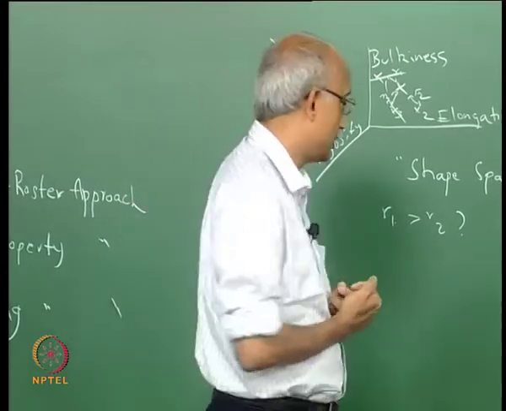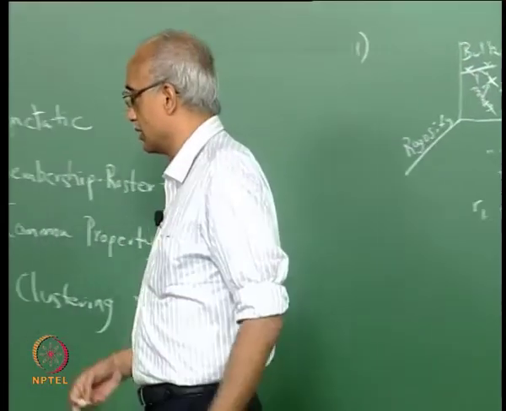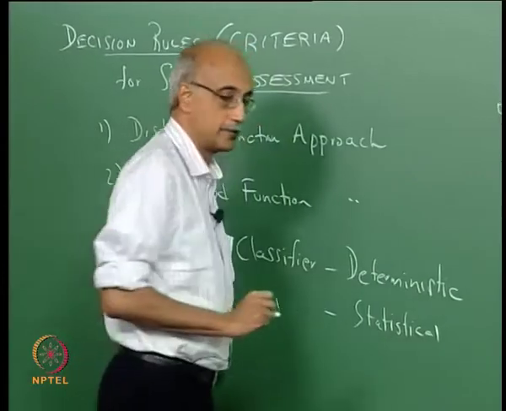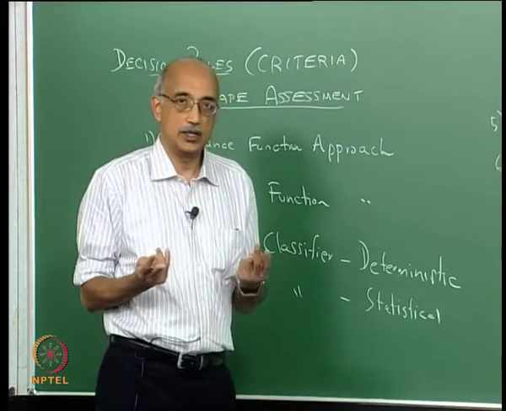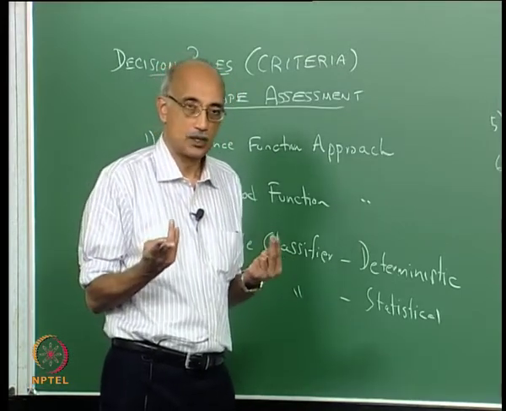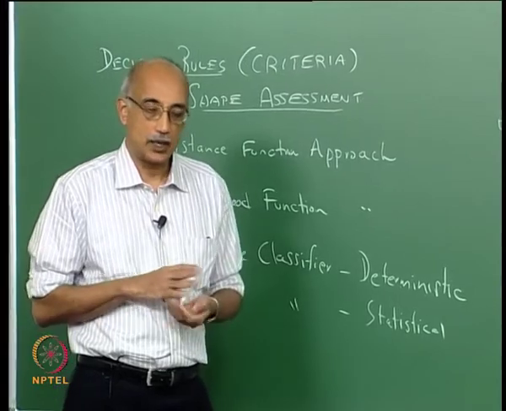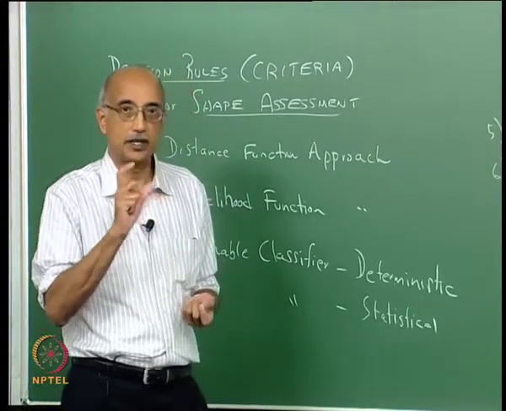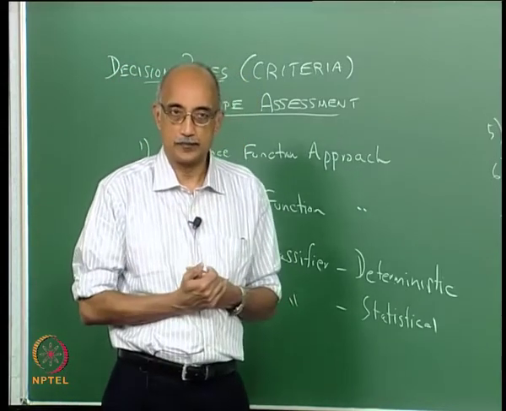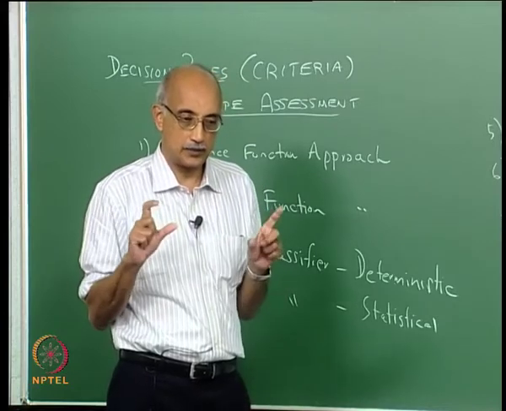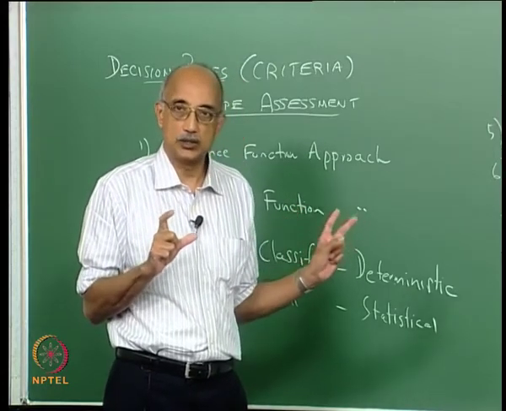So in the case of the trainable classifier deterministic method, the way you would do this is, again, you will take two initial guesses for the shape of the particle, and you will compare them to the actual shape at hand, and you will estimate the delta between them, the differential between your chosen shape and the actual shape, and you will look at which of these two initial guesses is farthest. So in that sense it is similar to a likelihood function.